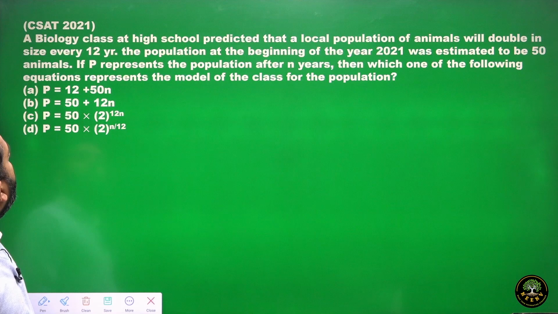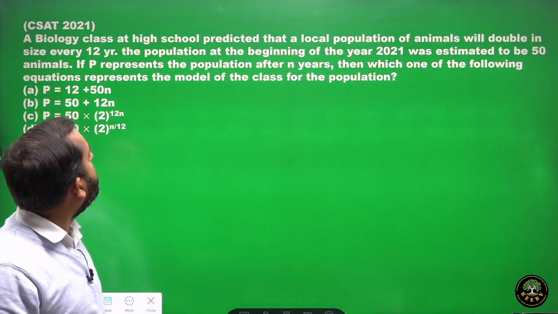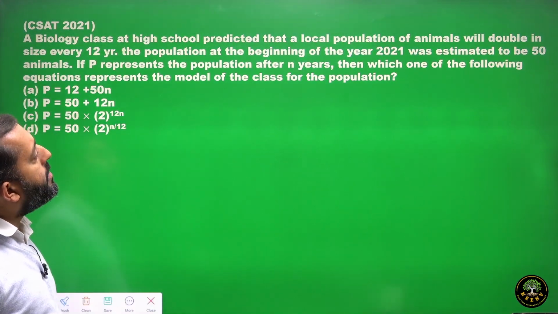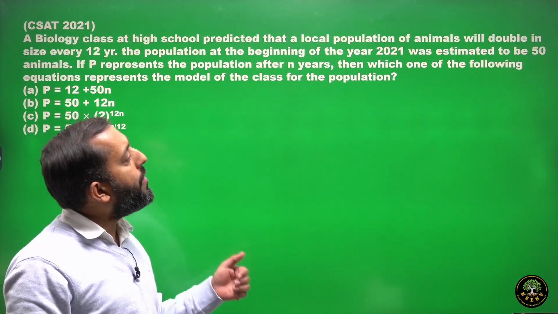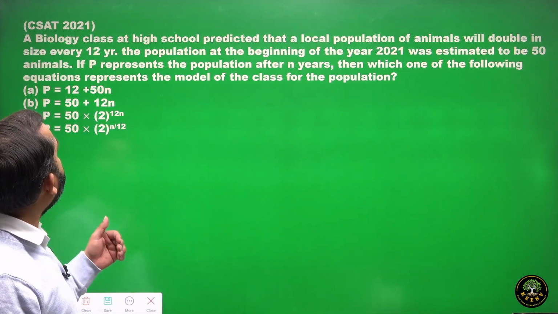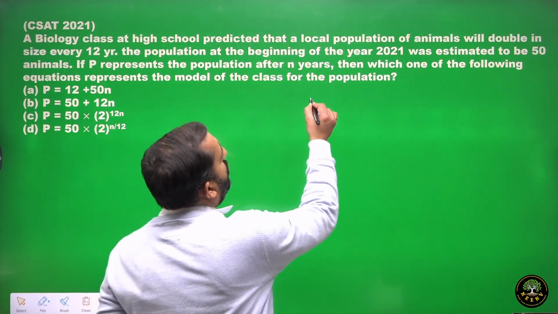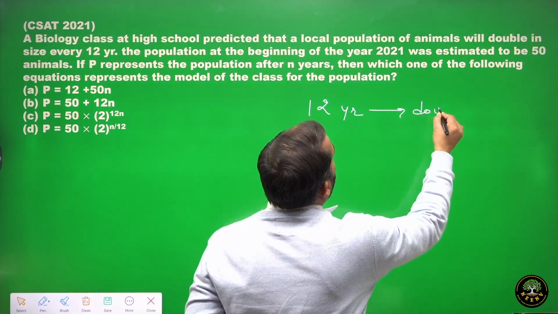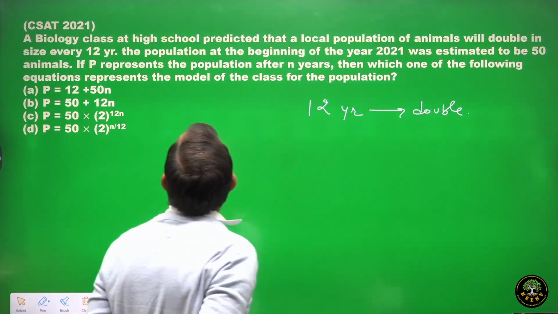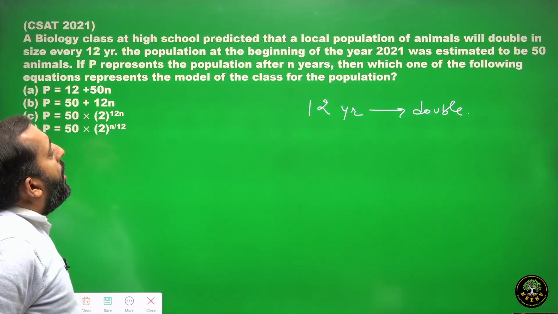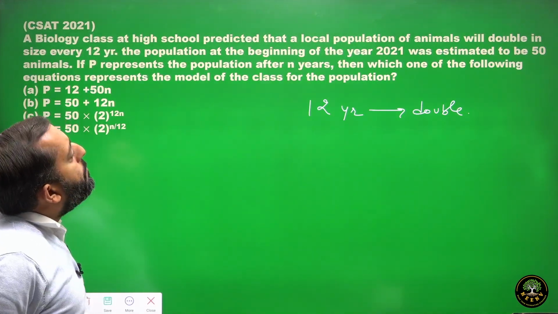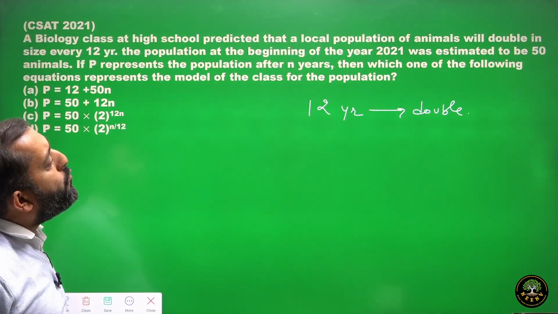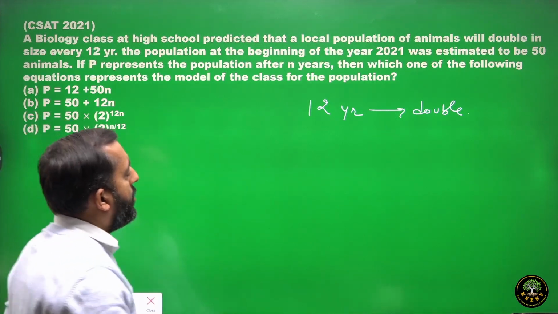It says a biology class at a high school predicted that a local population of animals will double in size every 12 years. So in 12 years, the population will get doubled. Okay, the population at the beginning of the year 2021 was estimated to be 50 animals.